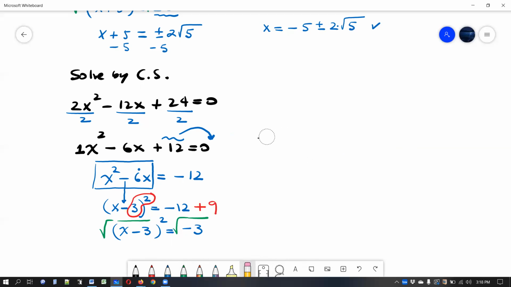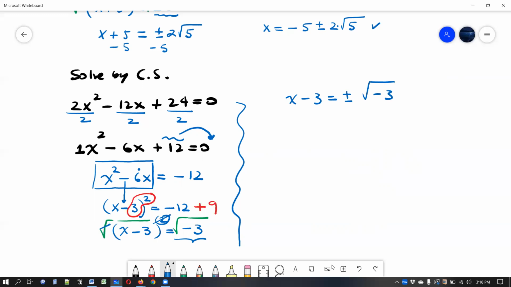Okay. So I will go over here. This square will cancel with the radical. I do not forget, I end up with the plus or minus on the right. And then I have this weird thing, negative radical 3, square root of negative 3.